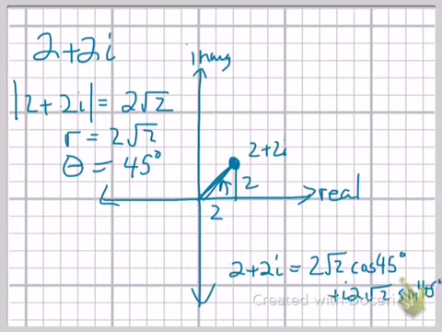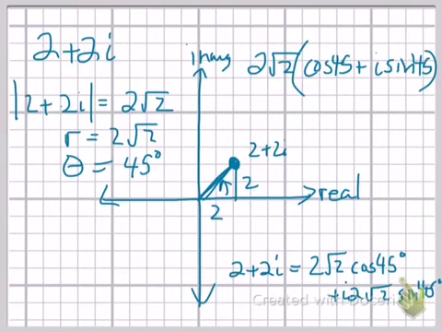Do you want us to write it like that? The other way you could write this is to pull your R out front and do 2 square roots of 2 times cosine 45 plus i sine of 45.